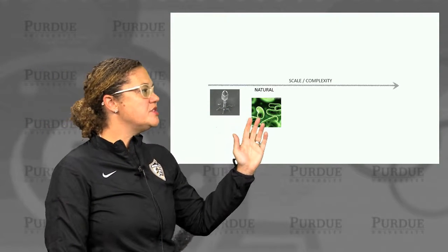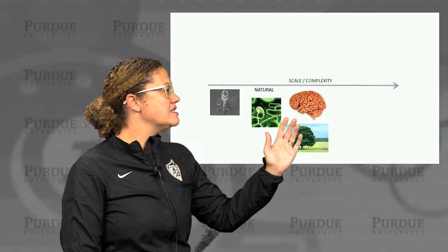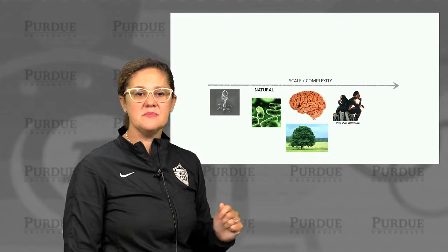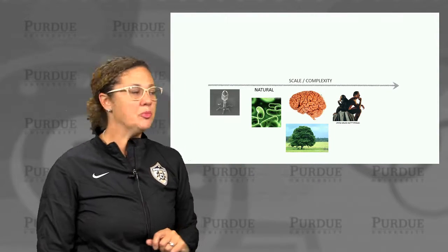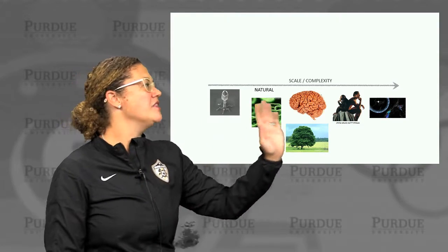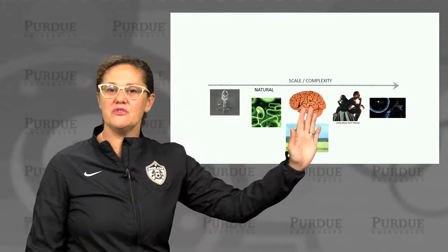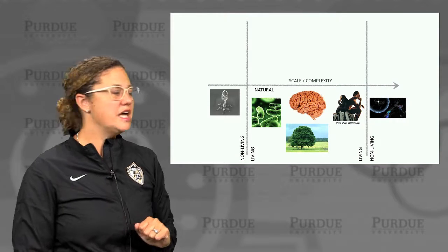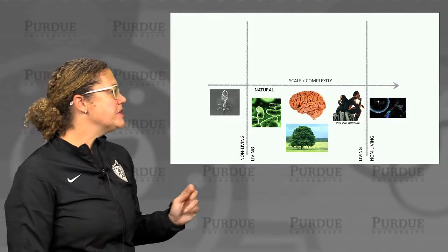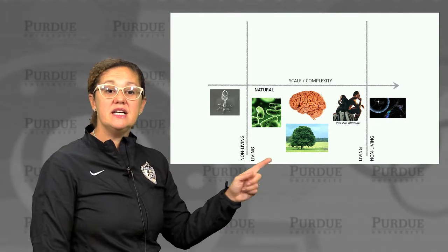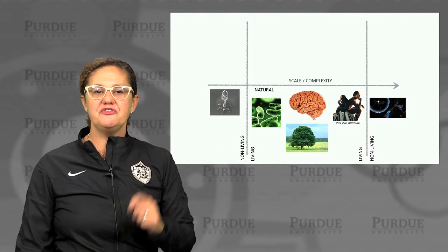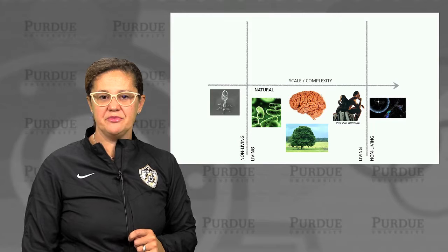Viruses going on to cells, increasing in size scale to organs and entire organisms, including us and other primates, and moving on even farther into thinking about at the other end of the size scale, the sort of universe and beyond our planet. Okay? Now, we can put these dividing lines. In biology, we typically put the boundary of non-living and living between viruses and cells. Cells are considered the fundamental unit of life.